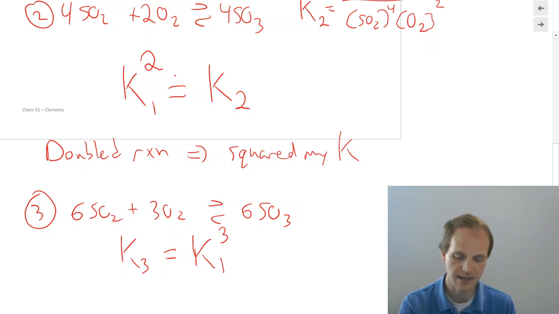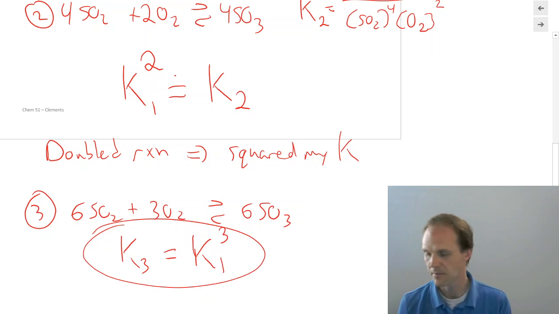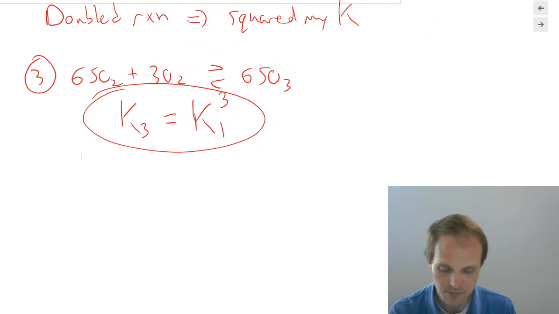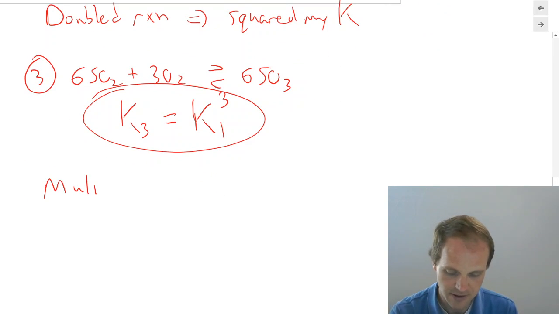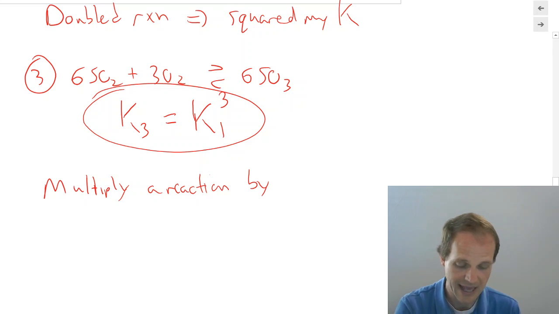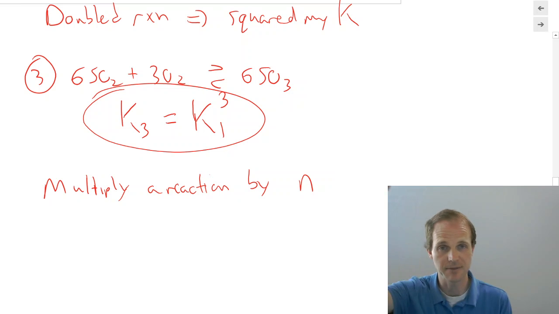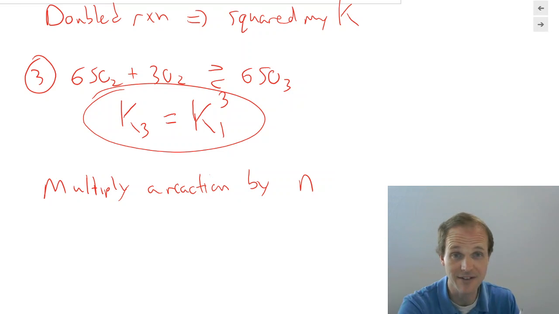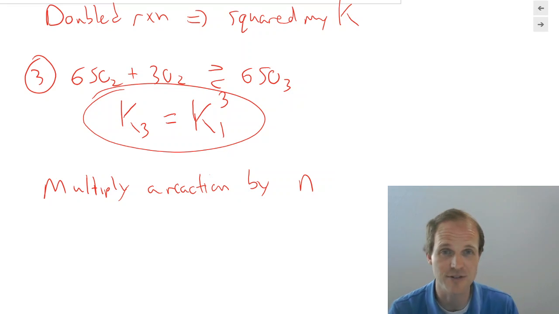My new K is my old K cubed. And it turns out this is a generic thing. If you multiply a reaction by n, and in my examples n was 2 for the first example and 3 for the second, you have to multiply everything. You can't just multiply one thing, or it wouldn't be a balanced reaction anymore.